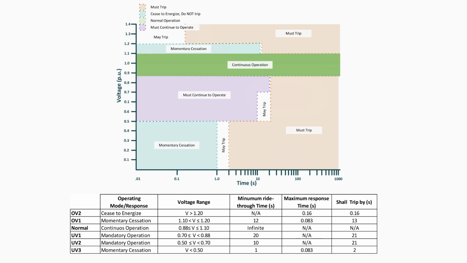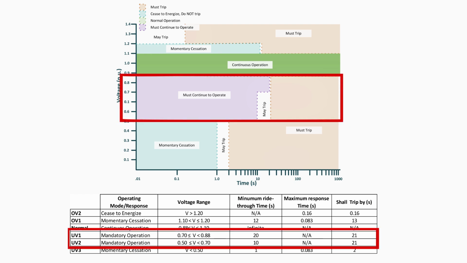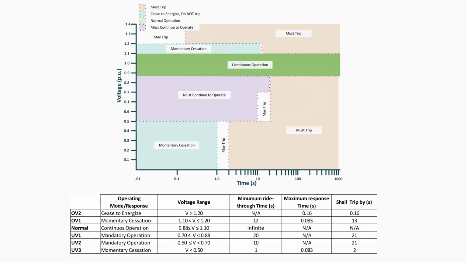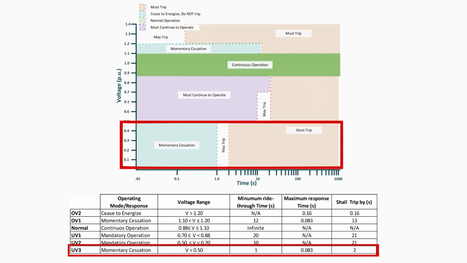However, if the voltage sags long enough, both of those sections must trip by 21 seconds. So this region between 0.7 and 0.5, it may trip or may continue to operate between 10 seconds and 21 seconds. Lastly, below 0.5, the inverters must cease to energize for at least 1 second, and then it must trip by 2 seconds. There's a little wiggle room on what it could do between 1 second and 2 seconds, and that again is a may trip area.